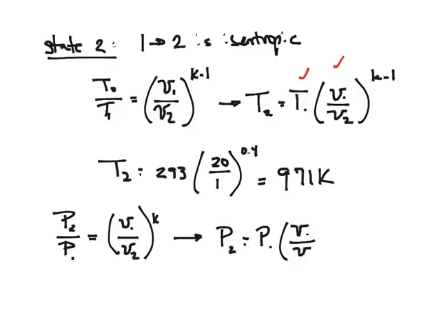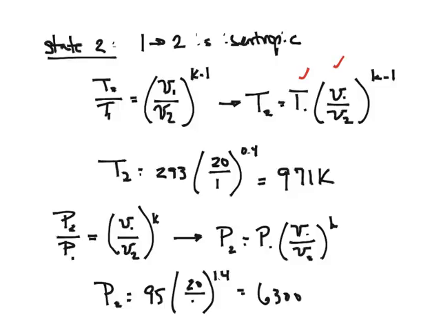So V1 over V2, doing the same thing, rearranging. Plugging in, we find P2 is 95 kPa times 20 over 1 to the 1.4, which is 6,300 kPa. Okay, so now we know T2 and we know P2.